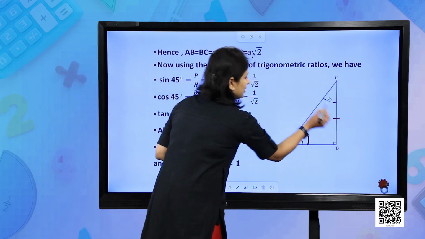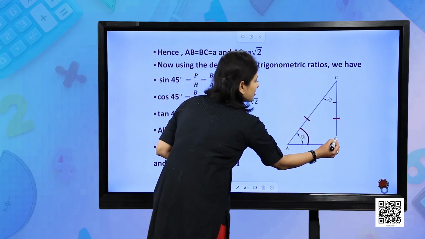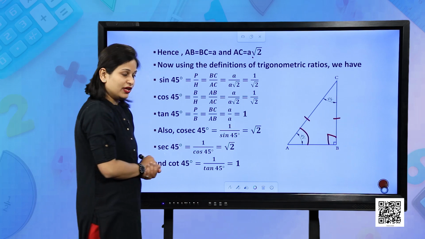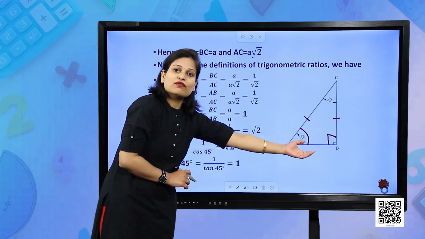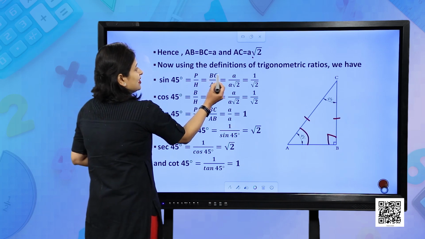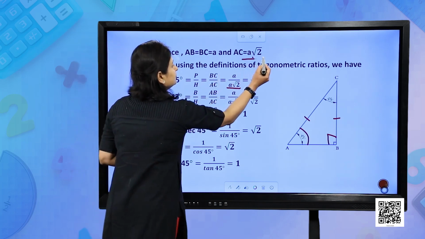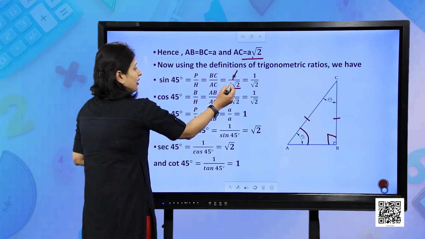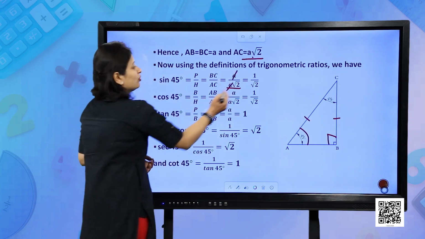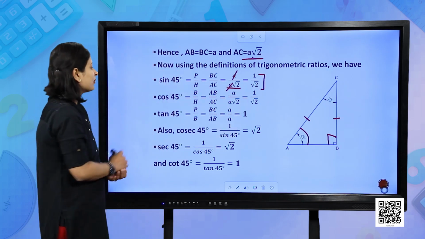Perpendicular is BC, hypotenuse is AC because angle B is 90 degree and angle A is 45 degree. So, you will substitute BC as A, AC as A root 2, A and A will get cancelled out, you will get the value as 1 upon root 2.